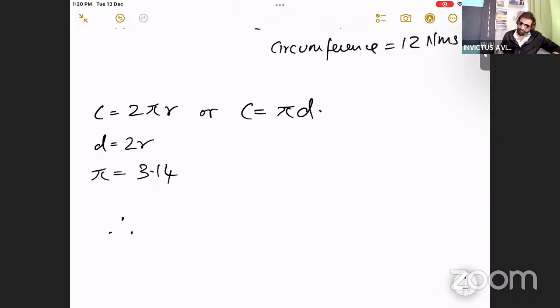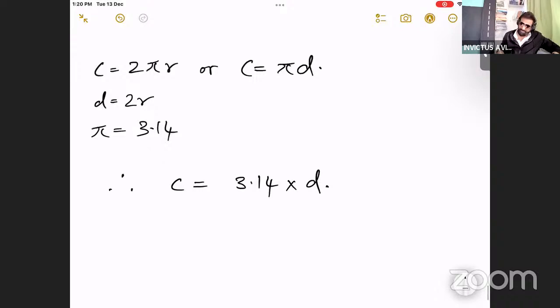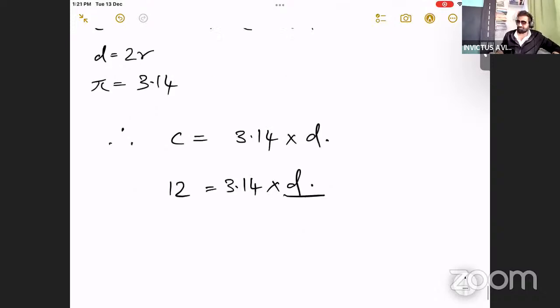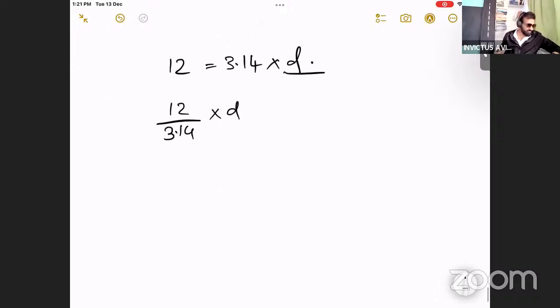So therefore I'll say circumference is equal to 3.14 into d. Circumference मुझे मिल गया है, 12 nautical miles is equal to 3.14 into d. मुझे diameter चाहिए. So diameter is equal to 12 upon 3.14.